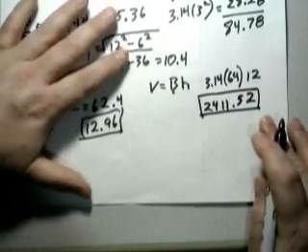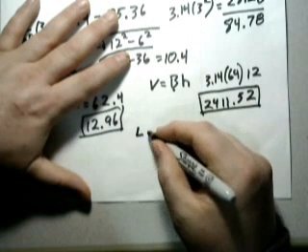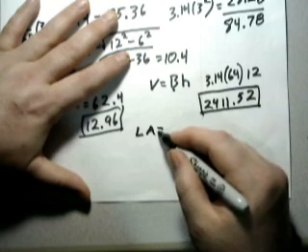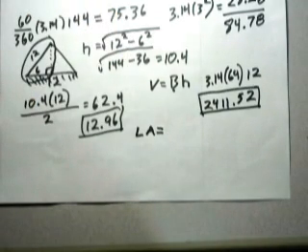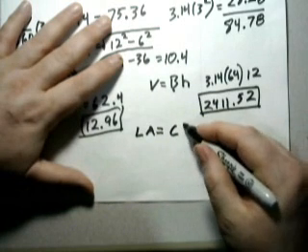Now, to find the surface area, we first need to find the lateral area. And the lateral area is equal to the width times the height of that rectangle. Remember, the width of the rectangle and the circumference are the same thing. So what we would need is the circumference and the height.